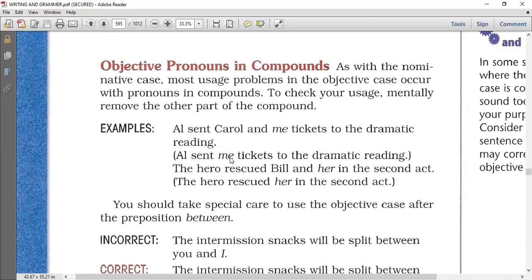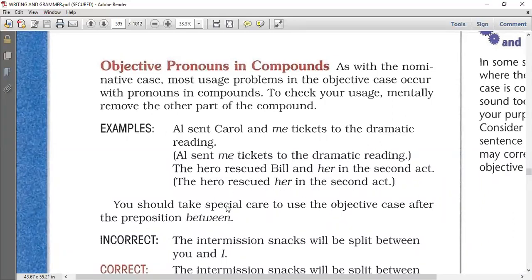Remove mentally the other part of the compound object: Al sent me tickets to the dramatic reading. So we can't say Al sent I. It must be objective. The hero rescued Bill and her. The hero rescued her. Remove the other part of the compound object, okay? So the hero rescued her in the second act.